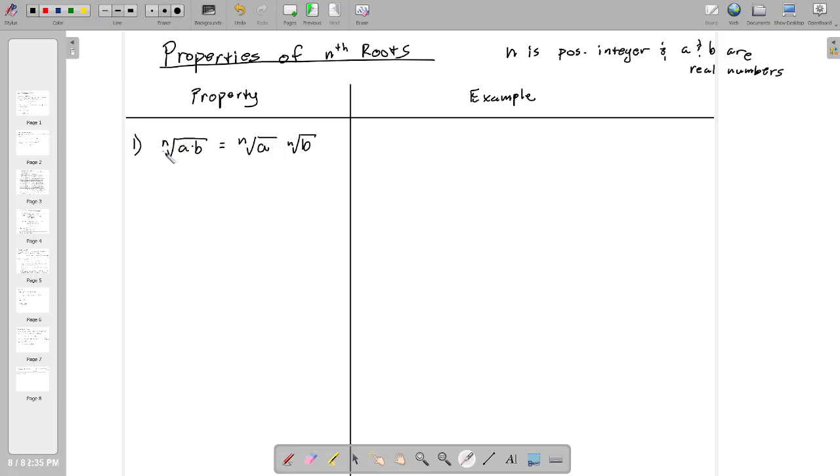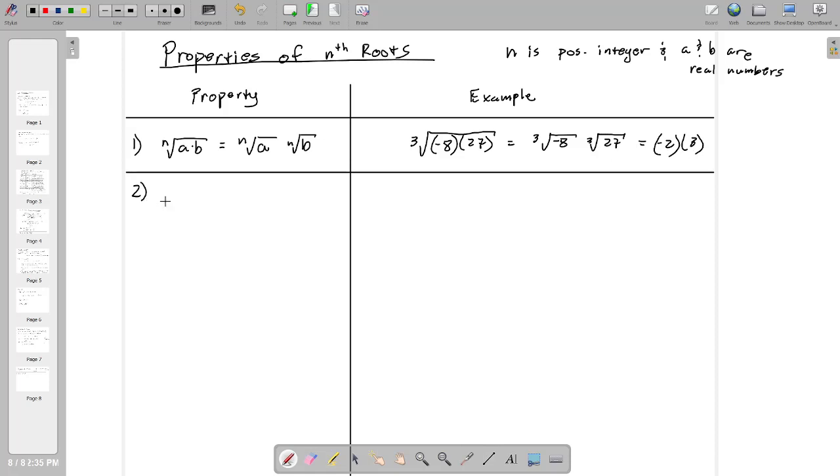So what we're saying here is that if we have the nth root of a product, we can split the product into separate nth roots. Cube root of negative 8 times 27 is equal to the cube root of negative 8, which we already know is negative 2, and the cube root of 27, which is 3.